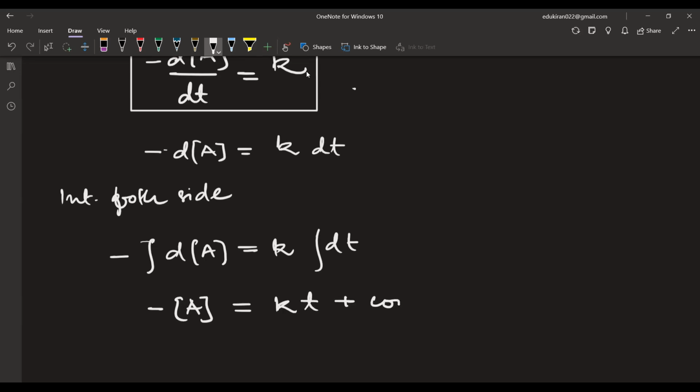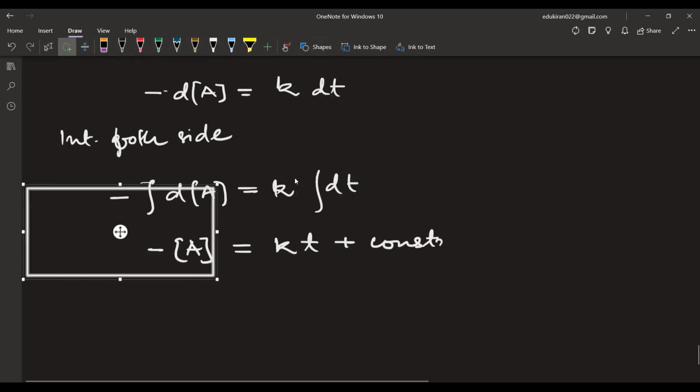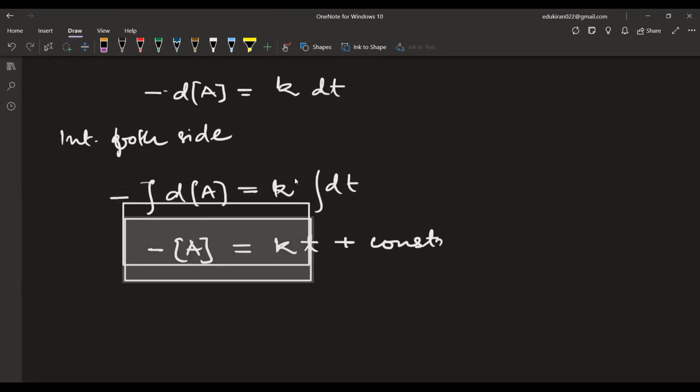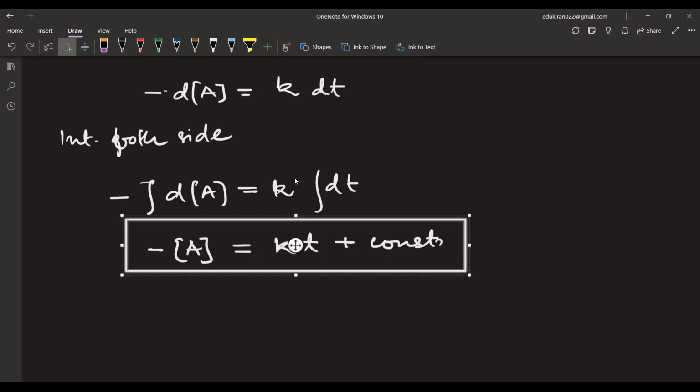Please remember there will be an integration constant here also. This is the expression that we have. Now I can rewrite this expression, and this is the first expression that you have to remember, another expression that you have to remember. You have not done anything, you have just integrated this equation.